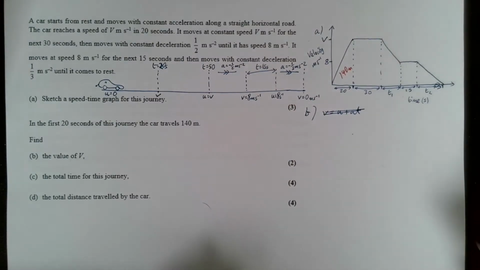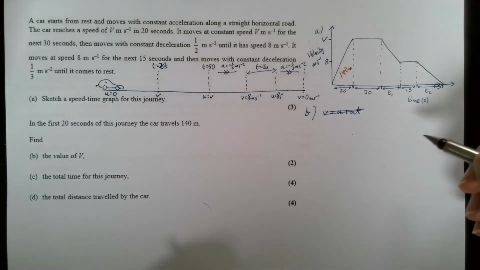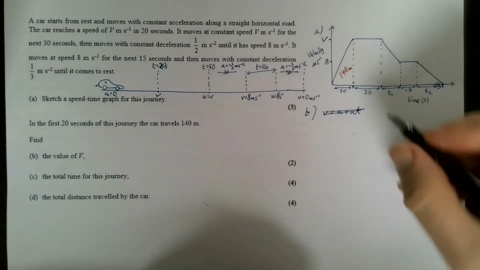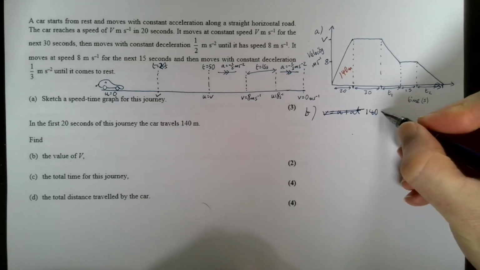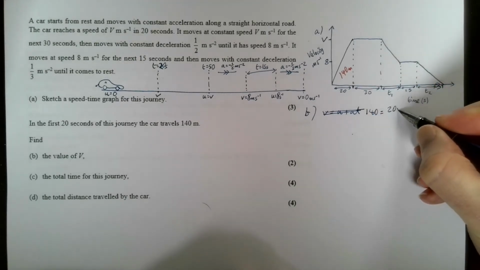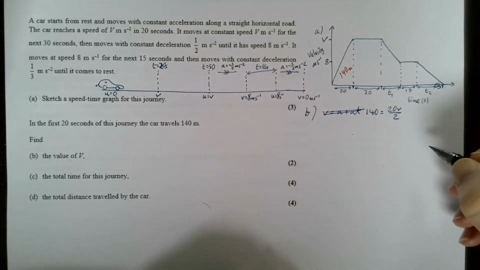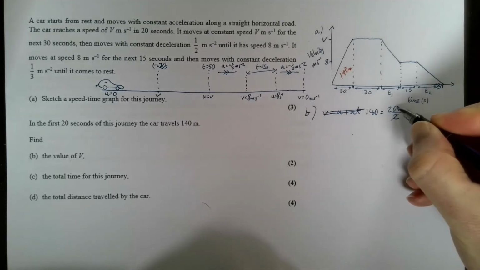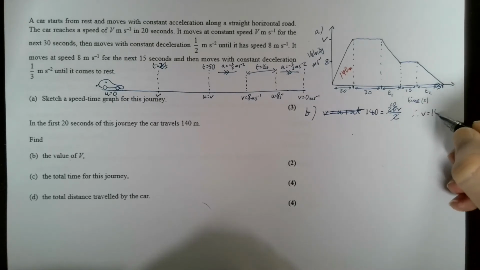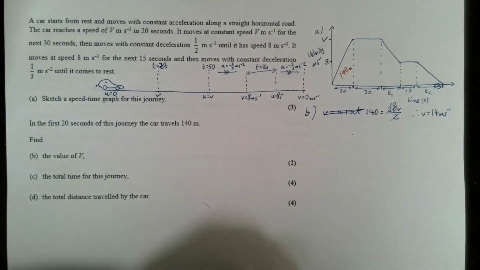And that is the area of that, so I could say that 140 meters is going to be equal to 20 times V divided by 2. So if I halve that, that gives me 10V, divided by 10, therefore V equals 14 meters per second.